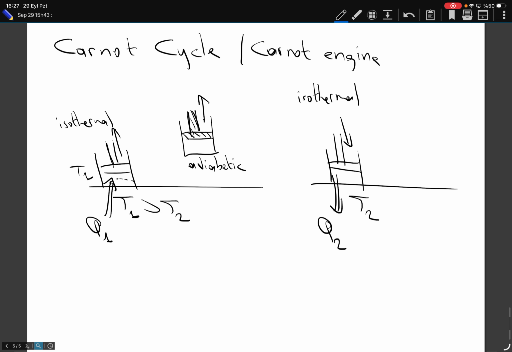After some compression, once its volume reaches some specific value, I again isolate it. But now it's cold, so I want to heat it before putting it in contact with the hot reservoir. So I keep compressing it.